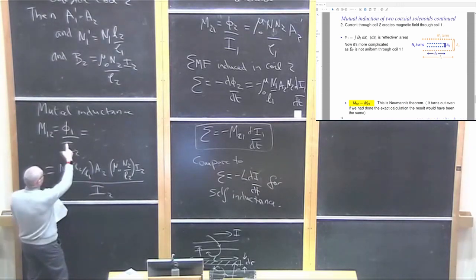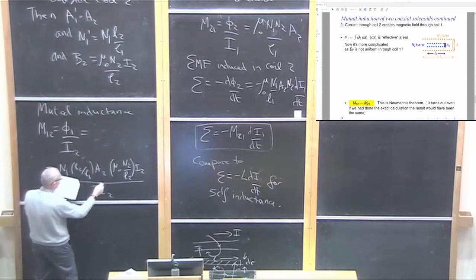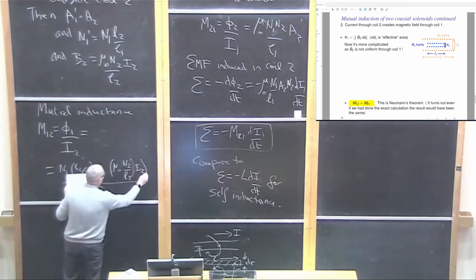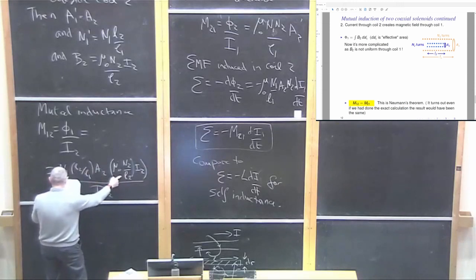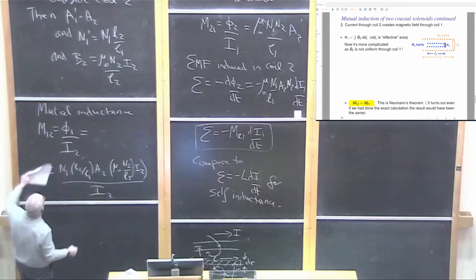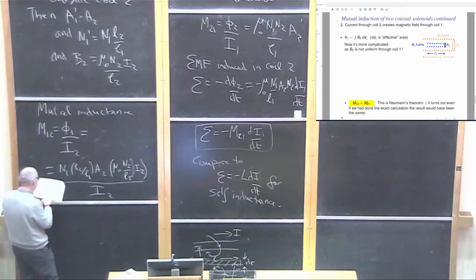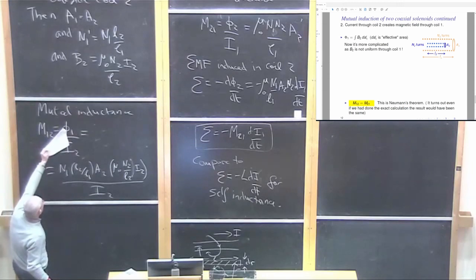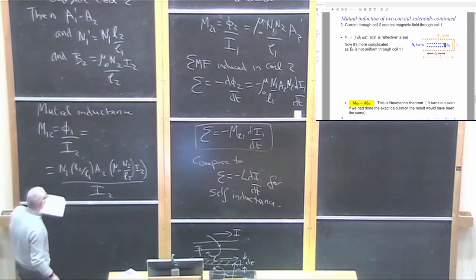Here, that is the magnetic field B. A2 is the A2 in the formula up there, and N1 L2 over L1 is just N1 prime.